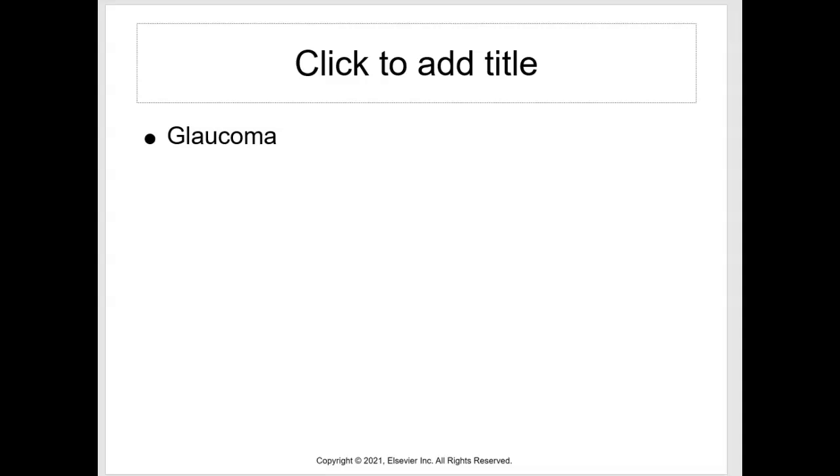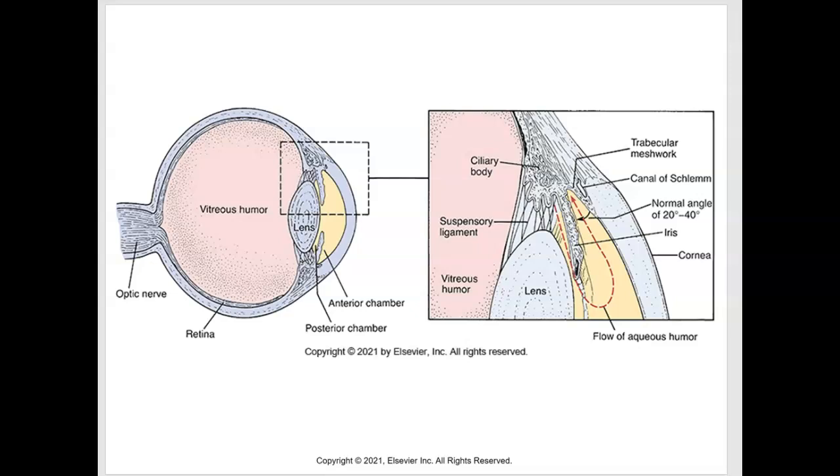The principal method for reducing intraocular pressure is chronic therapy with drugs. Drugs will lower the intraocular pressure by either facilitating aqueous humor outflow or reducing aqueous humor production. If you go to table 87.1, you'll see that table there that outlines these drugs for glaucoma.